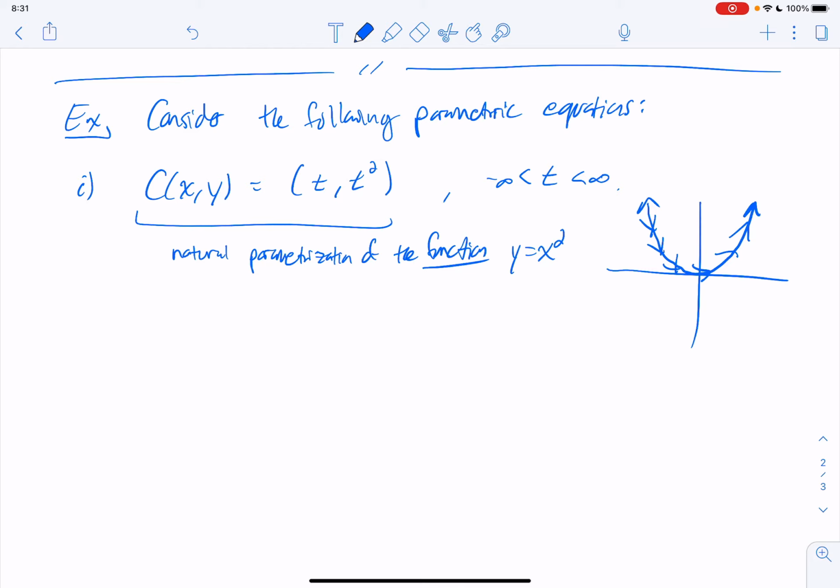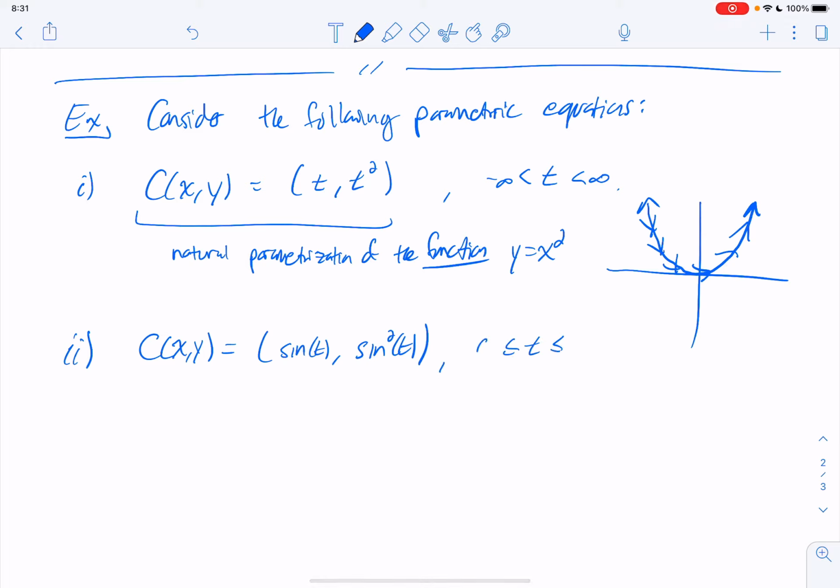But things get a little weird and a little interesting when, for example, we start taking a look at alternate characterizations. So let's take a look at the following parametric equation. This is again C, where the x-coordinate now is sine of t, and the y-coordinate is now sine squared of t, where here I'm going to ask t to live between 0 and 2 pi. This one's a little more weird.